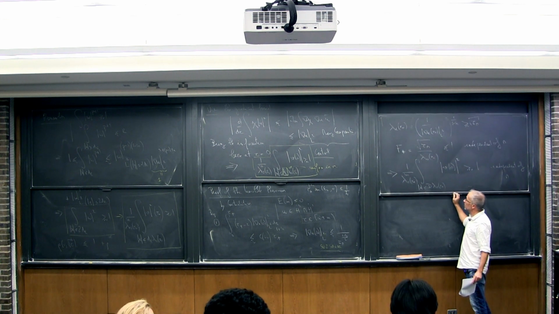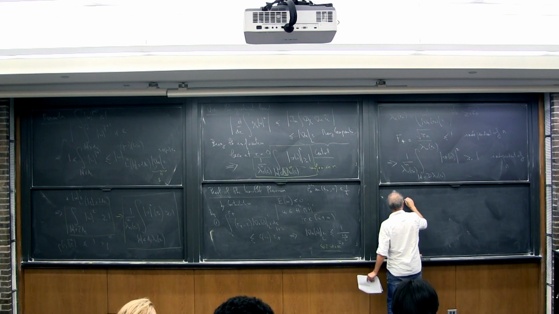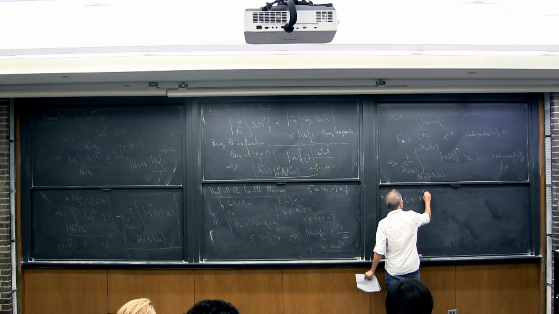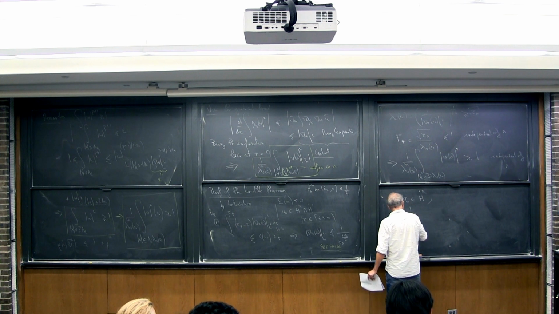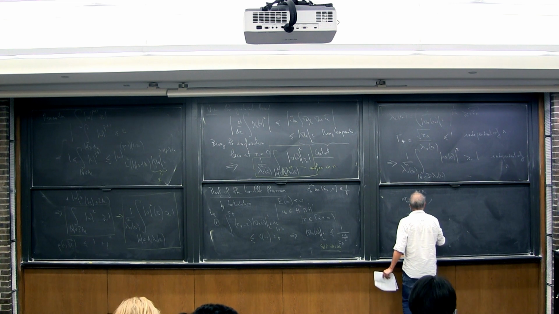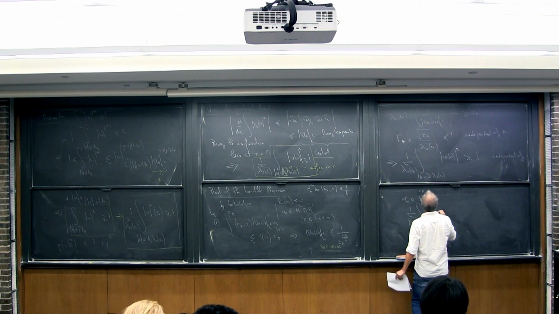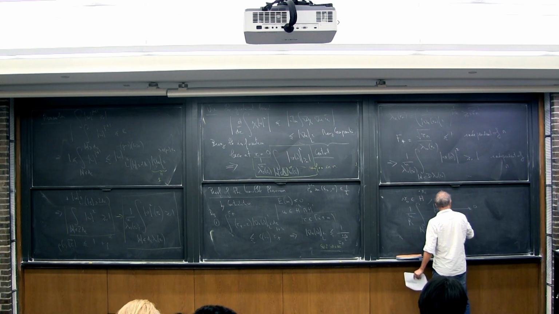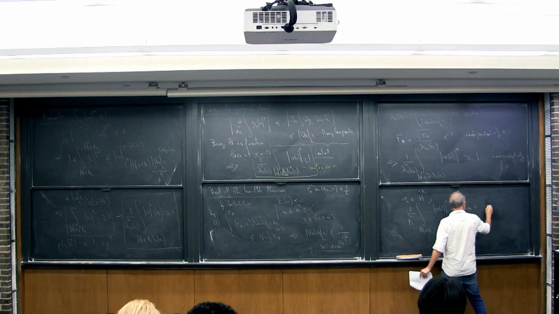But if you give me any profile v naught in HSC, then it's completely trivial to see that 1 over r to the twice SC, the integral for x less than r of v naught squared, needs to go to 0 as r goes to infinity, so it's impossible.